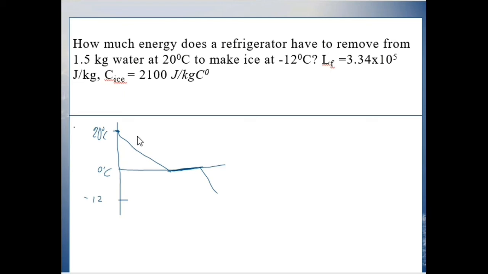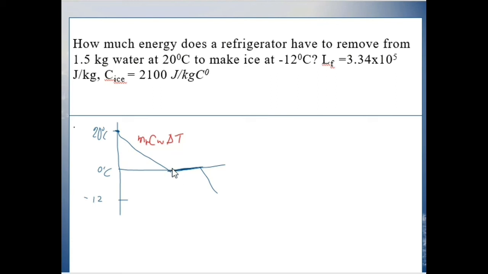Here we have mass of the water, C of the water, and then delta T from 20 to 0. And now it's very important that you identify the final temperature and the initial temperature. The initial is 20, the final is 0.